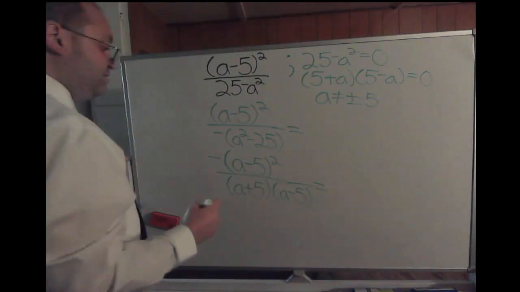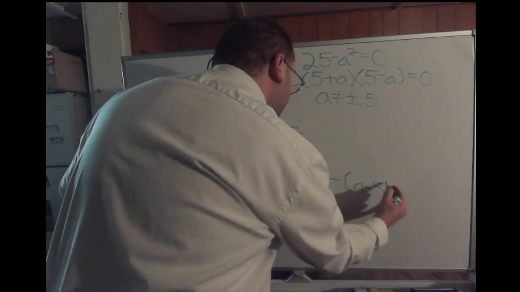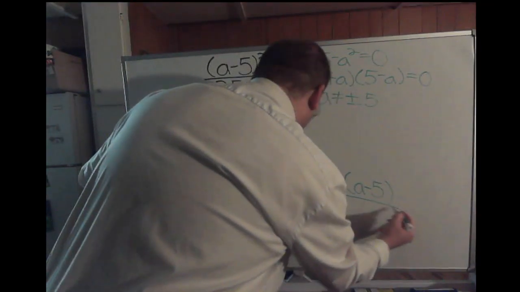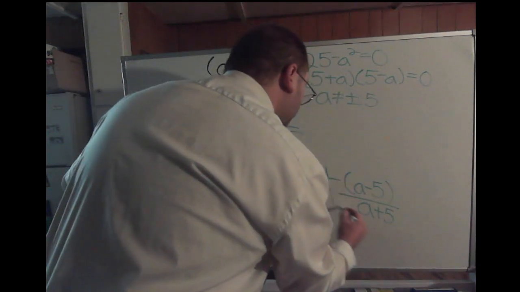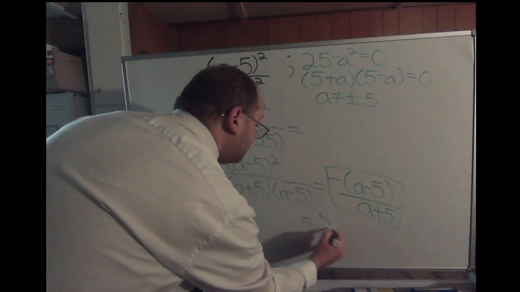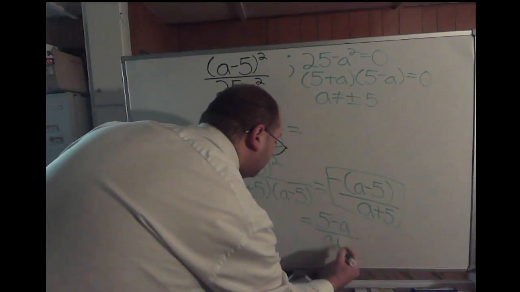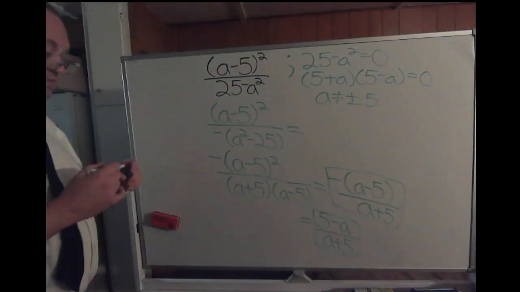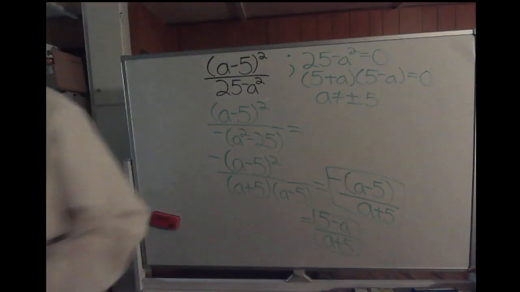If you pull those out, you would get negative of the quantity of a minus 5 all over a plus 5. That's one answer you can leave it as. Or if you distribute the negative sign, you would get 5 minus a all over a plus 5. That would be the simplification for this fraction, 5 minus a all over a plus 5.